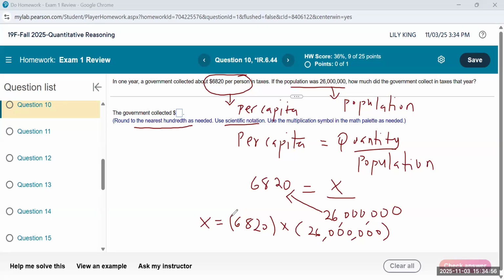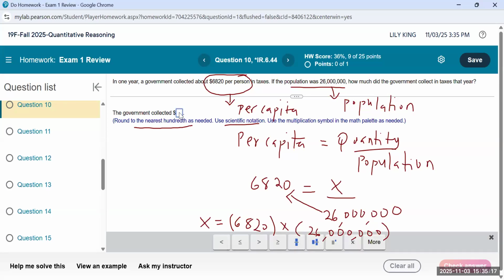So always make sure you are reading the instructions in blue, because that tells you which form to leave your final answer. So we have 1.77, all right, nearest 100, 1.77 times 10 exponent 11.